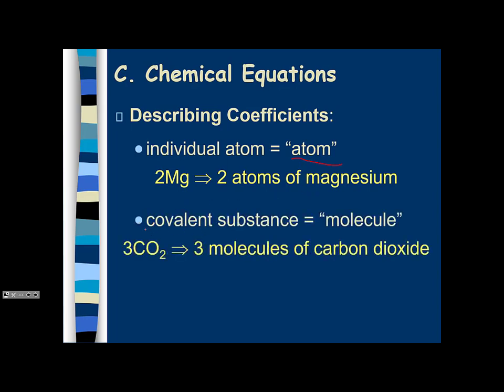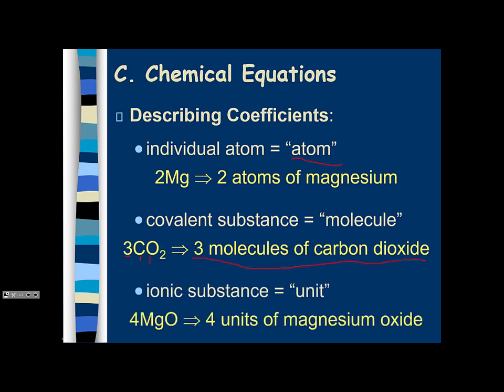For covalent compounds, we just call them molecules, okay? So CO2, nonmetal, nonmetal. We know that is a covalent compound. So the 3 in front of this means we have 3 molecules of carbon dioxide. And last but not least, if we have an ionic substance, metal, nonmetal, okay, we just use the word units. So we say 4 units of magnesium oxide, okay?